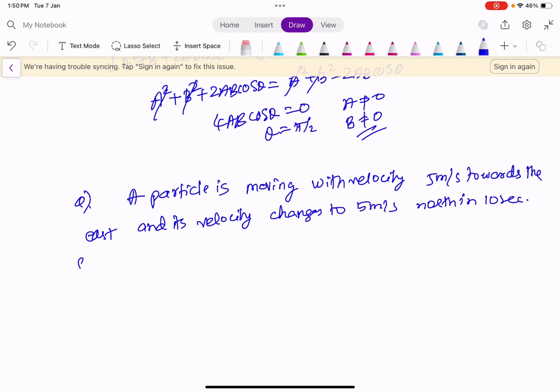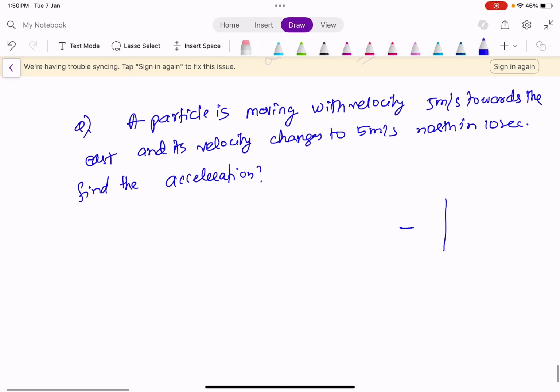Find its acceleration. So if you draw the normal figure with north, south, west, east, a particle is moving with the velocity 5 meter per second towards the east, and its velocity changes to 5 meter per second north in 10 seconds.